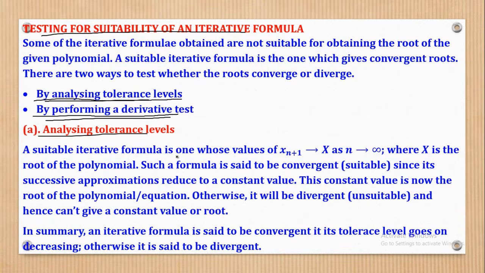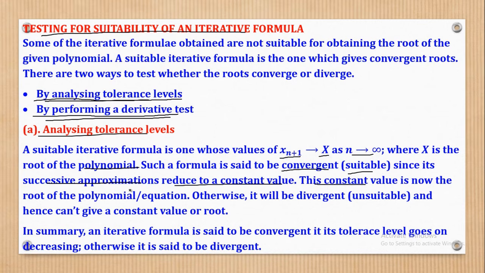So a suitable iterative formula is one whose values of the xn plus 1 tend to capital X as n tends to infinity, where X is the root of the polynomial. Such a formula is said to be convergent or suitable, since its successive approximations reduce to a constant value.